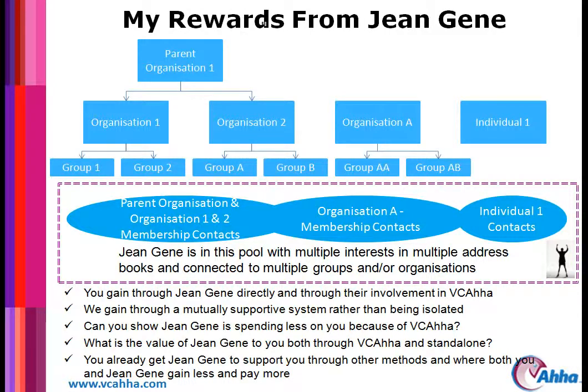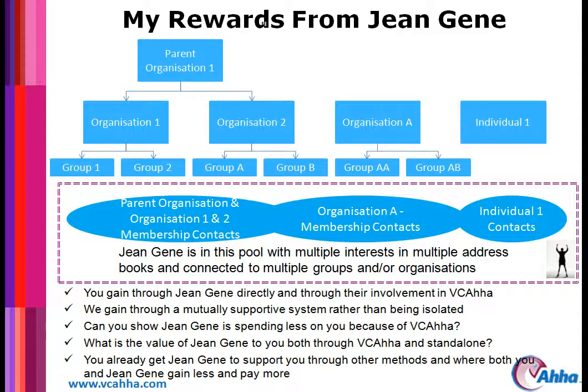Now, what happens is this. You as an organization that claim ownership of Gene, you gain through her directly, through your offline marketing and everything else, and through their involvement in the service and the platform. Okay? And remember, Gene is already supporting multiple interests.